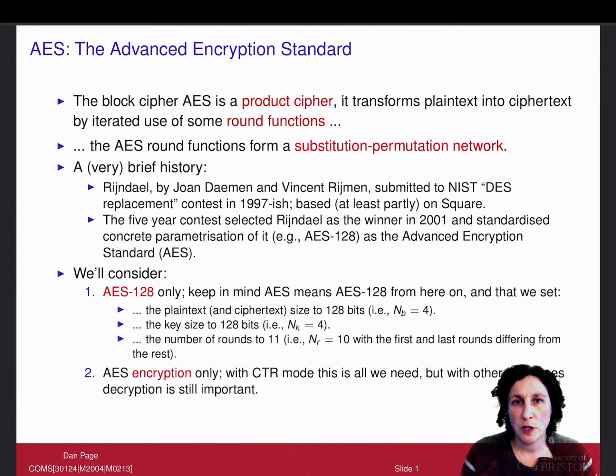Now, we are not looking at the cryptographic strength of AES. We are looking much more at the operations that define it and how you can implement those operations on different platforms. What options do you have? AES is what we call a product cipher.